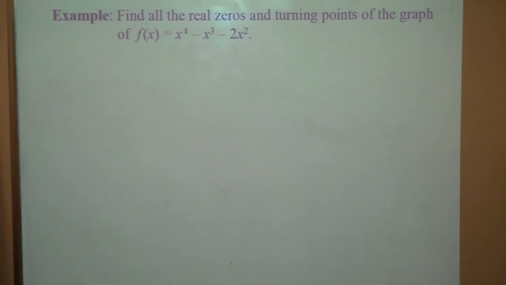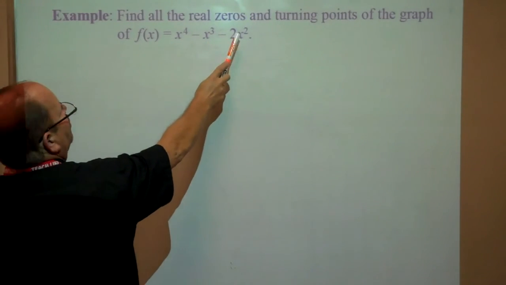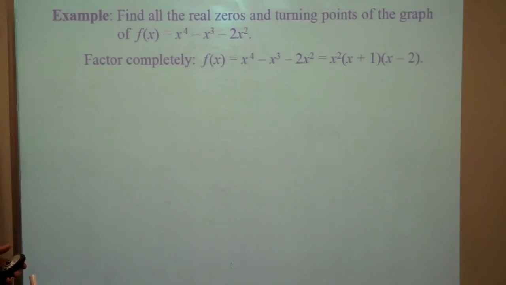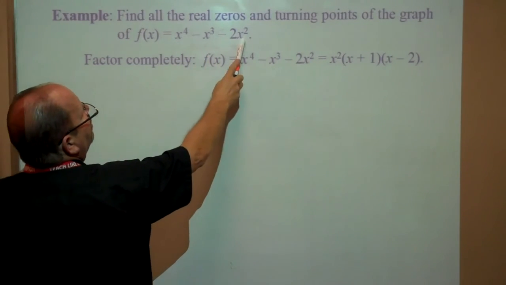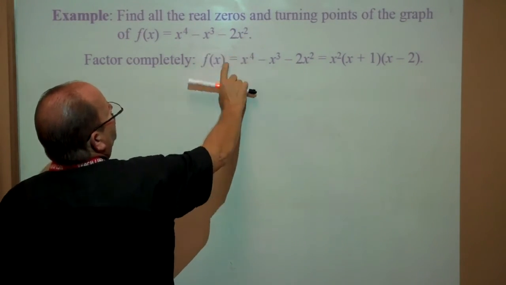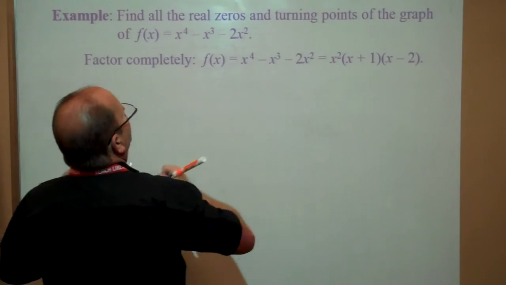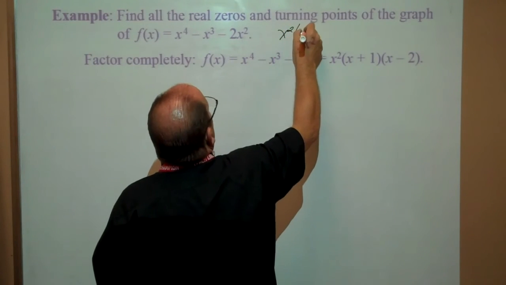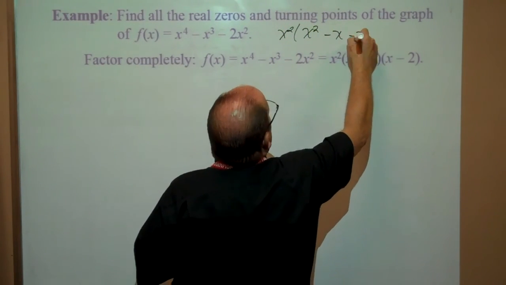Find all the real zeros. X to the fourth, x to the third, x squared. Well, you have to factor it completely. And you can see right here we have a common factor of x squared. You take that out, factor x squared out of this, and you're going to get x squared times x squared minus x minus 2.